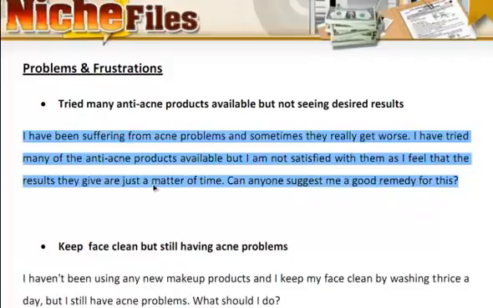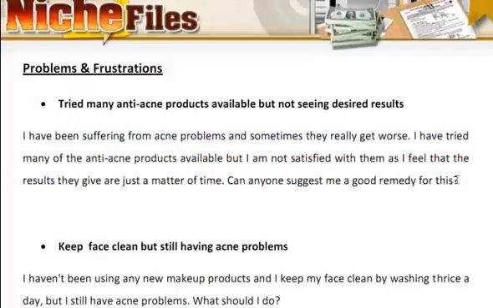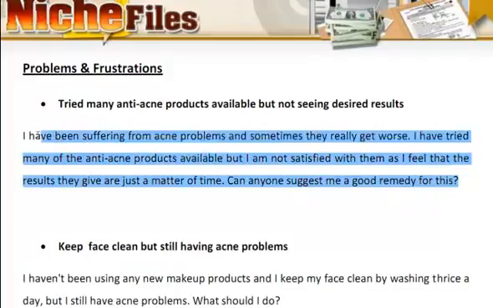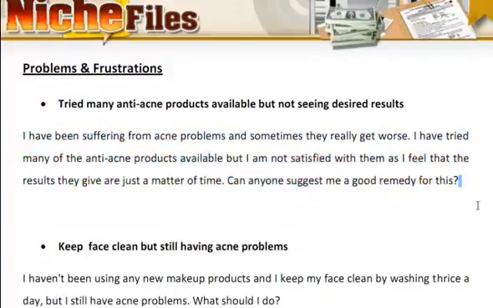When you're able to speak your prospects' language and describe their problems exactly as they are feeling them, it builds instant rapport and trust. So you should always try to use these problems as presented here.